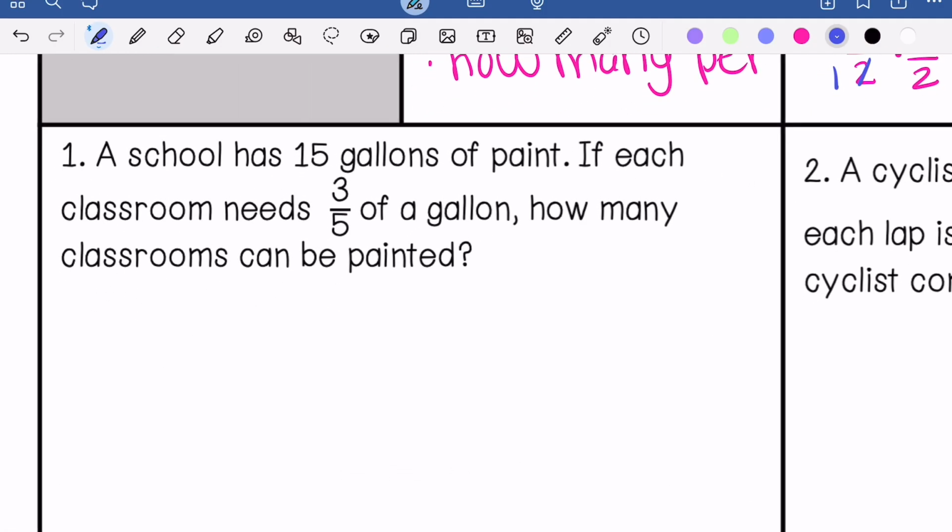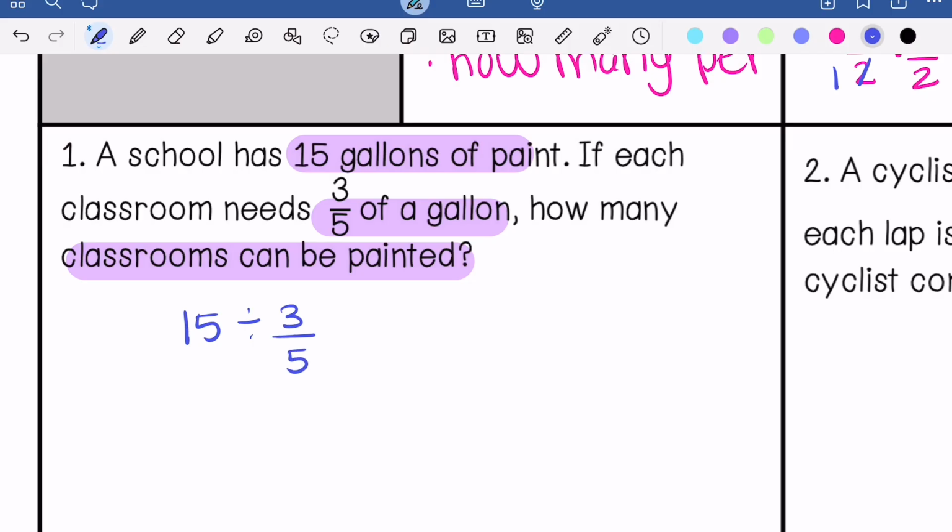A school has 15 gallons of paint. If each classroom needs 3/5 of a gallon, how many classrooms can be painted? So we have 15 divided by 3/5, which is 15 over 1 divided by 3/5.